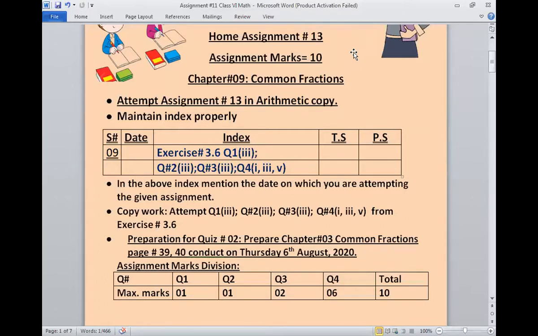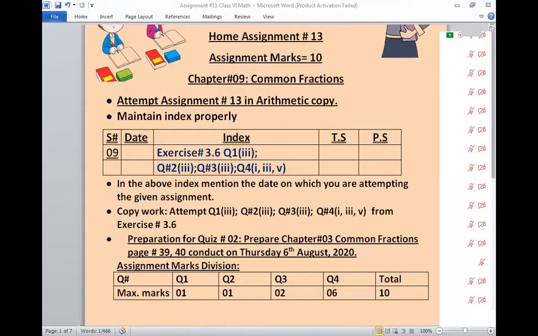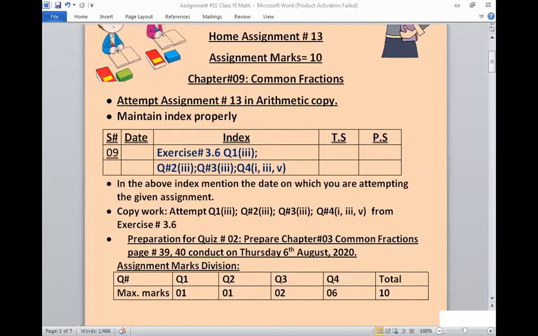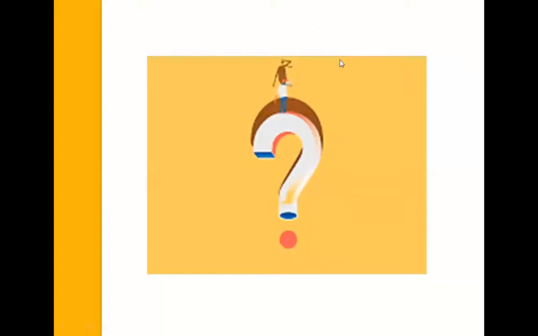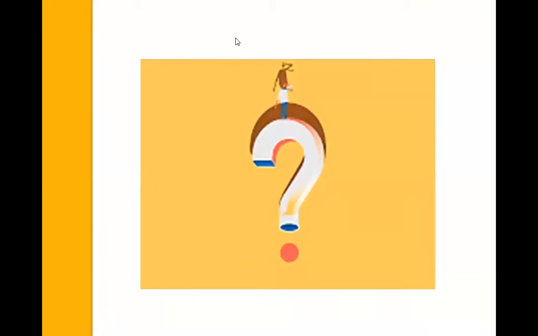And please write down everything in the chat box. Till then I'm going to mark your attendance, so please do not go anywhere, and write everything inside the chat box. Anything that you want to ask, please write in the chat box, and then I will answer you.